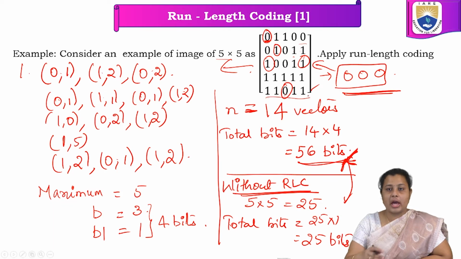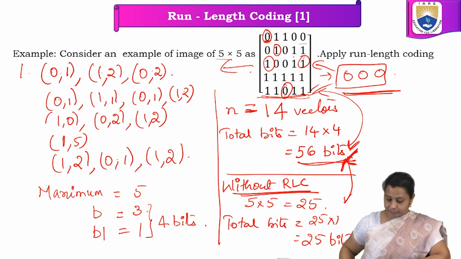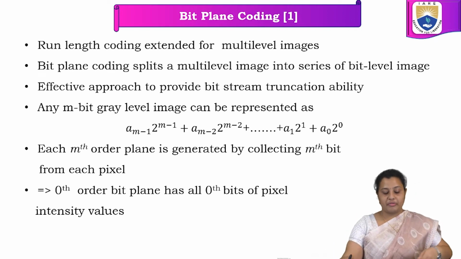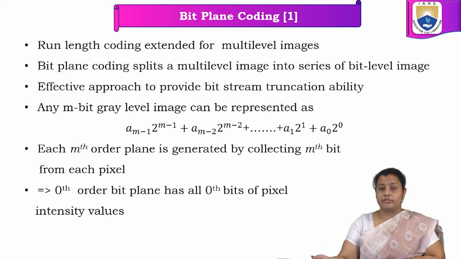In each row we have multiple values, but they are not consecutively repetitive. When such things happen, RLC will give you more bits. That is the drawback of RLC. RLC can be used when we have a repetitive nature in the image.